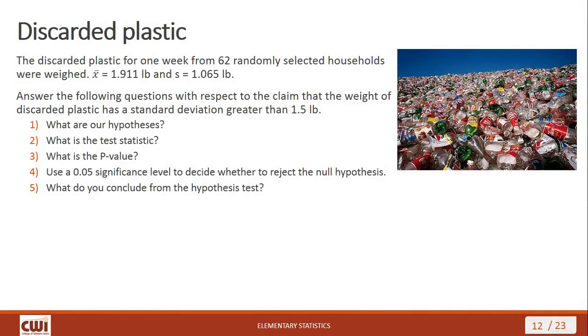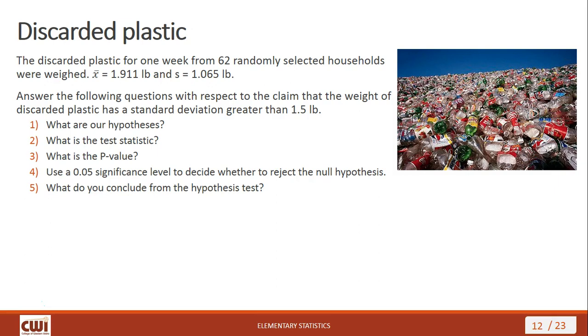Let's look at an example problem to illustrate what we've learned about hypothesis testing on the population standard deviation. Discarded plastic for 1 week from 62 randomly selected households were weighed and we have a mean weight of 1.911 pounds and a sample standard deviation of 1.065 pounds.